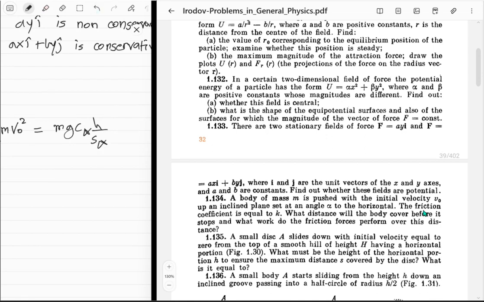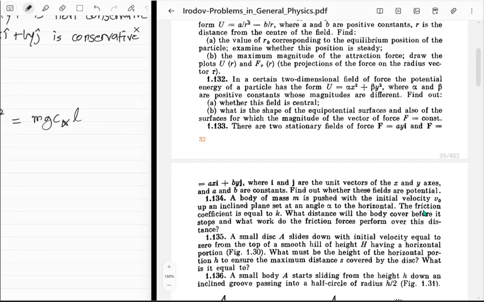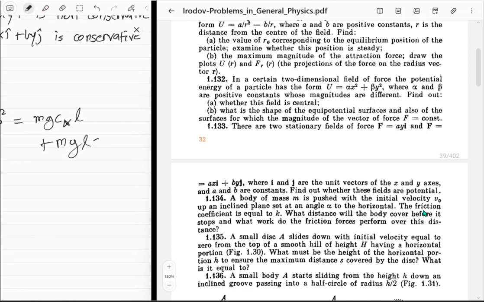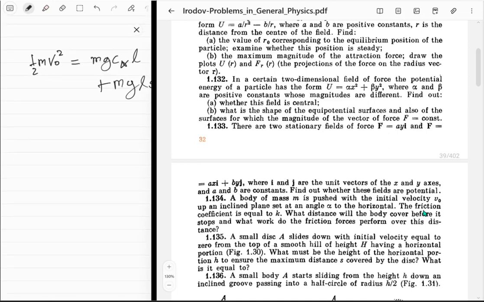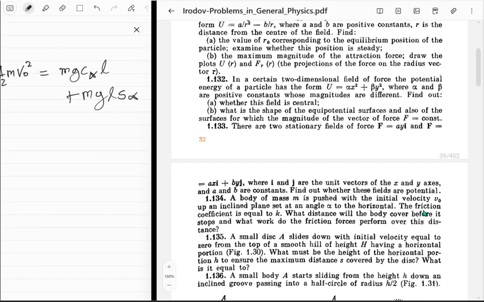Or let's just go with L, where L is the length on the plank that it traveled. And then for gravity, it's just going to be mg times h, which is basically L sine alpha, right? That should make sense. And then finally, the kinetic energy is 0. Yeah, cool. So you can definitely figure out when it stops. What distance will the body cover?